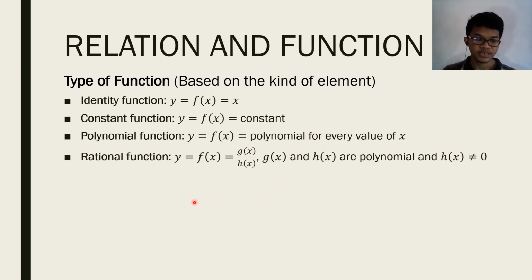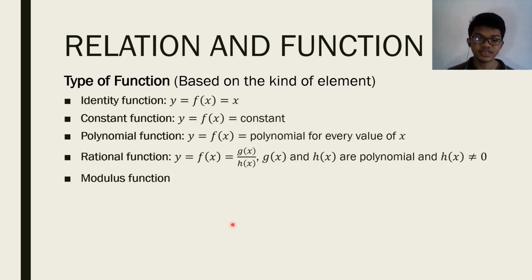The fourth is rational function. Here y equals f of x equals g of x over h of x. The g of x and h of x are polynomials, and h of x is not equal to 0. The fifth is modulus function.